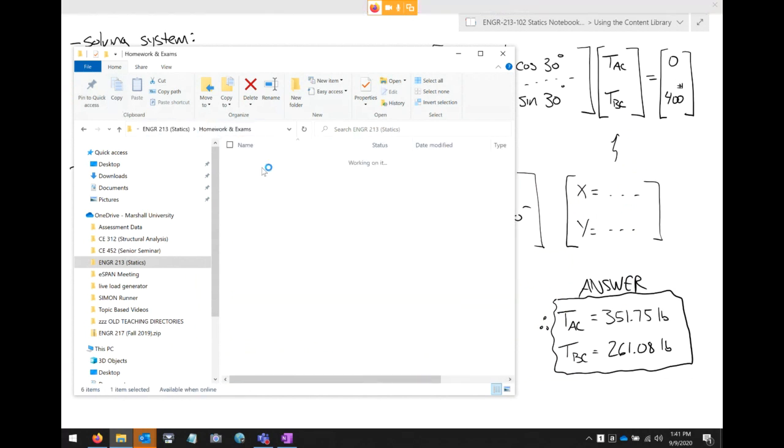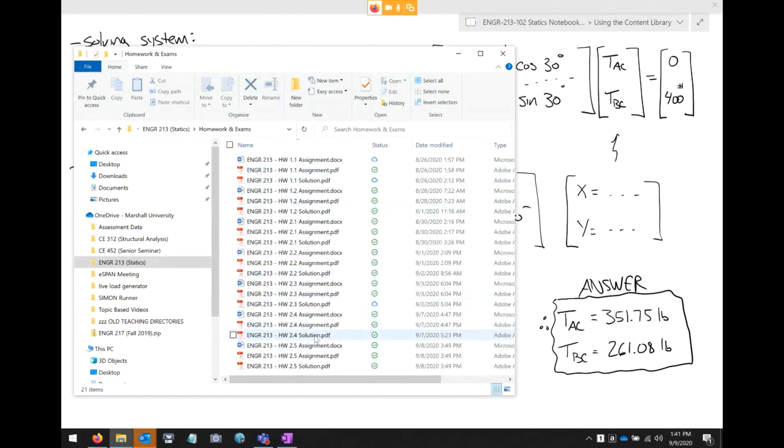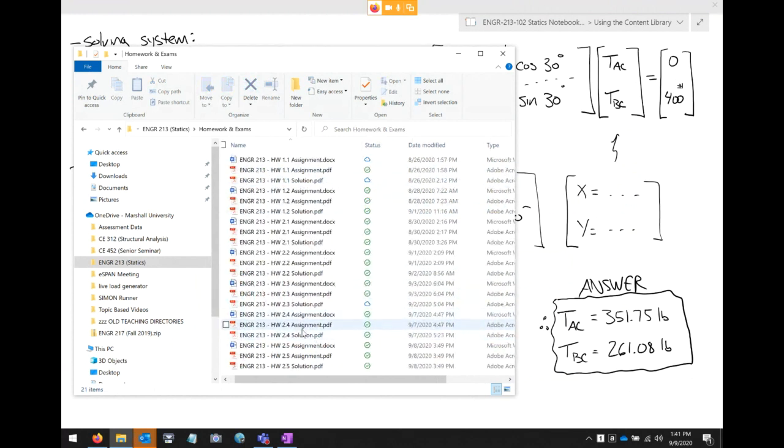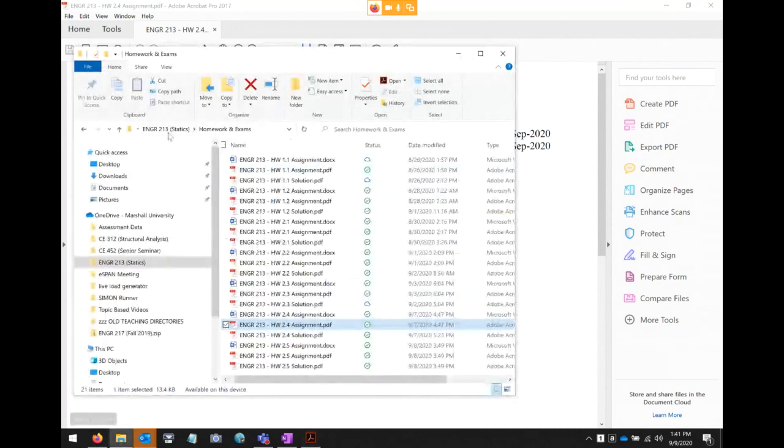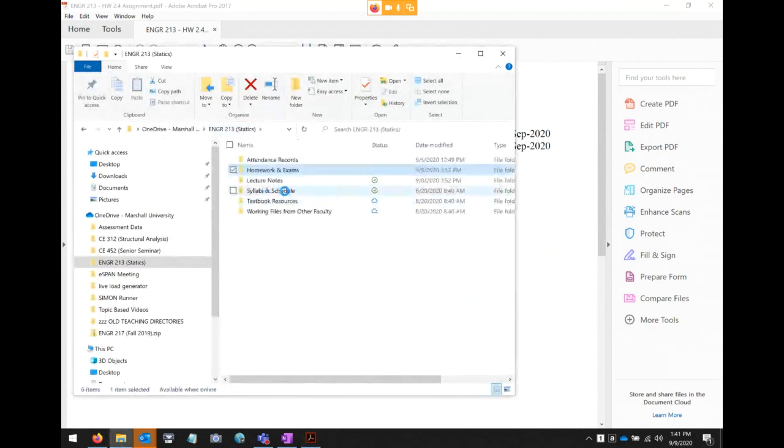I want to pull something up with your homework real quick. So let's see. This is your homework assignment. It's just going to be textbook problems 247 and 249. Let me see if I can pull up the images because I wanted to mention something real quick before we call it.